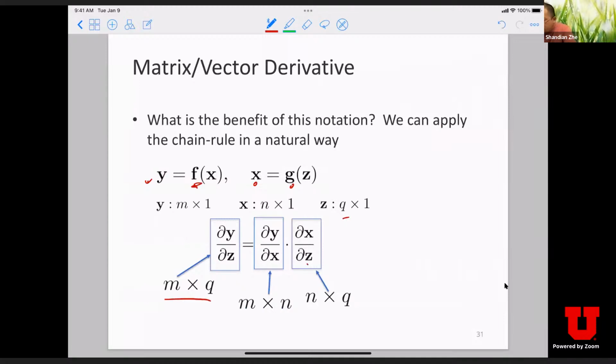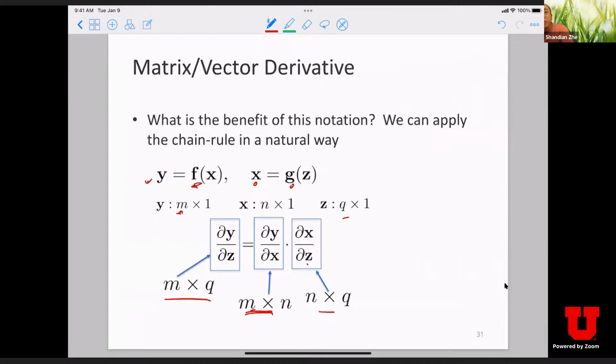If we insist on our definition, partial y over partial x will be m by n, because y is m by 1 and x is n by 1. And partial x over partial z will be n by q, because x, the output of g, is n by 1, and z, the input to g, is q by 1.